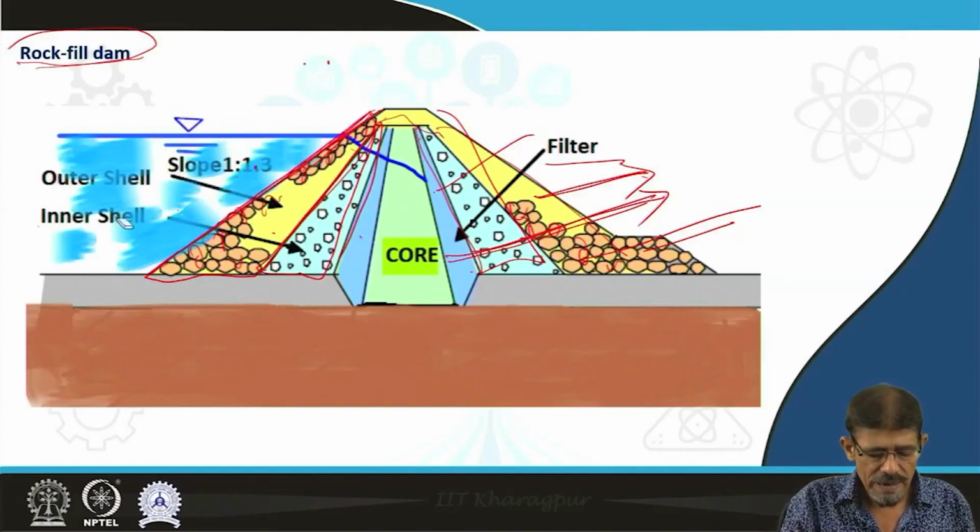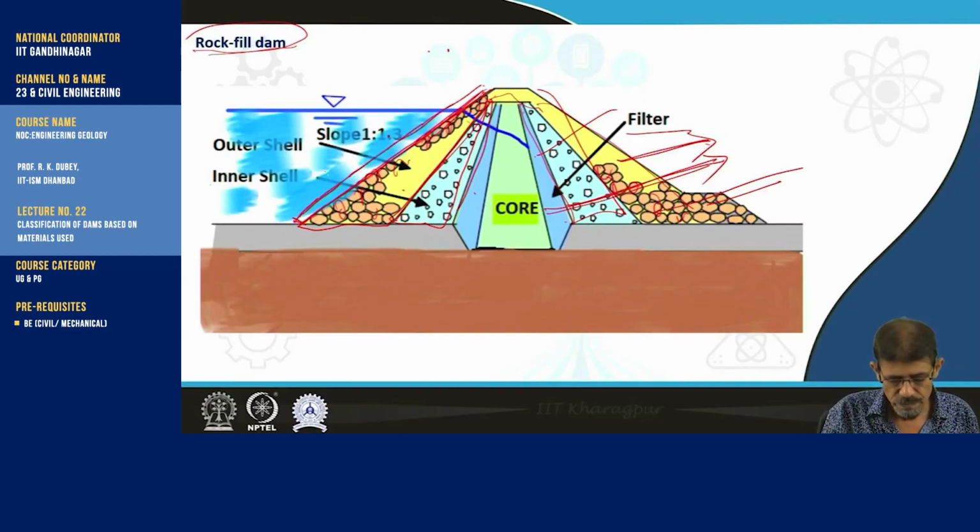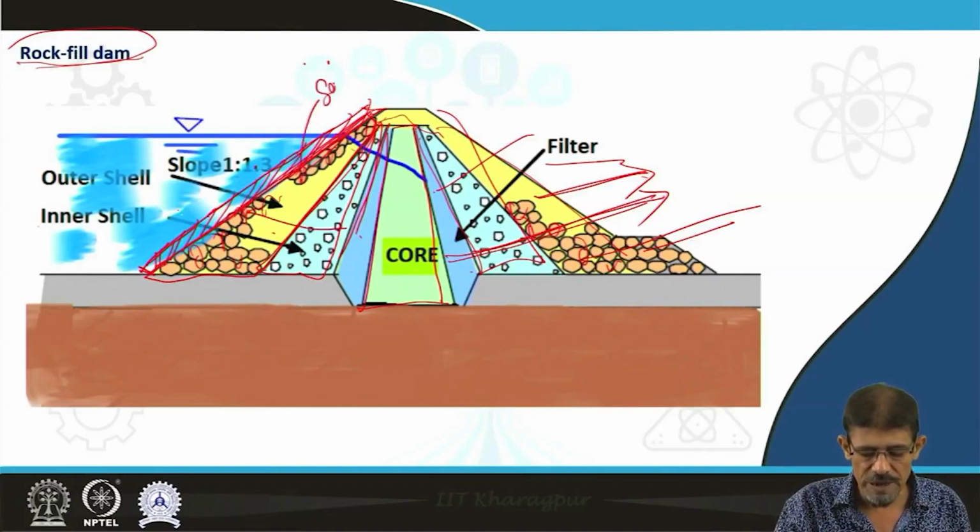Another special point is that sometimes we provide a seal here to protect the upstream side facing the outer shell, because except this region, the other part is pervious in nature, semi-pervious or permeable in nature.